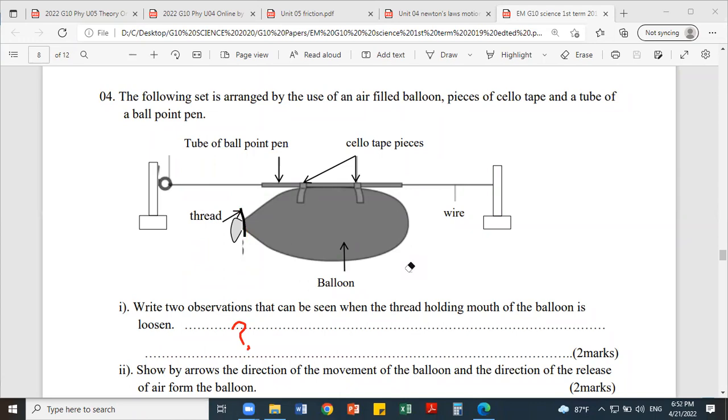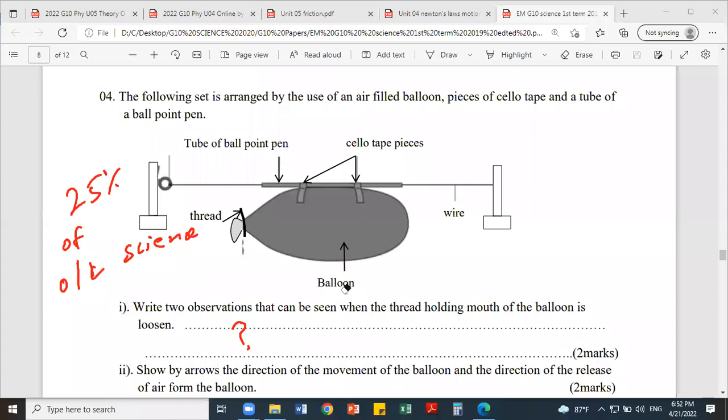Okay, right. The balloon is moving in the opposite direction. The balloon and the tube of the ballpoint pen are moving towards the right side. So what is the observation? Or you can write: balloon is moving towards the right side.